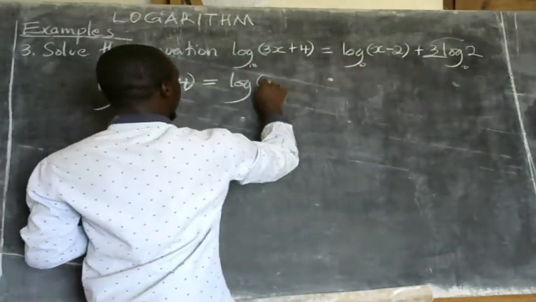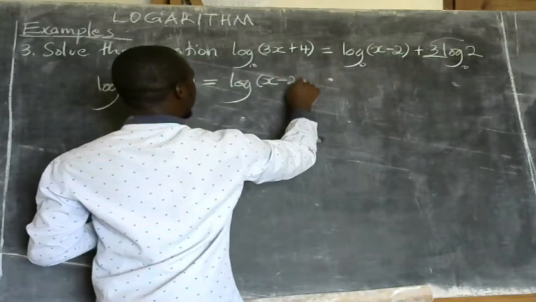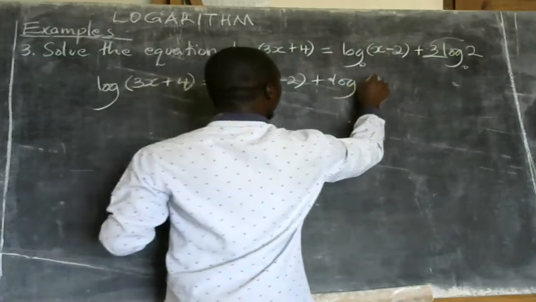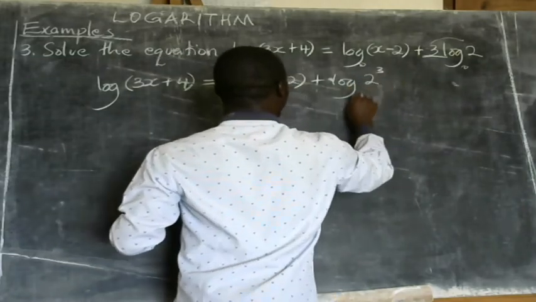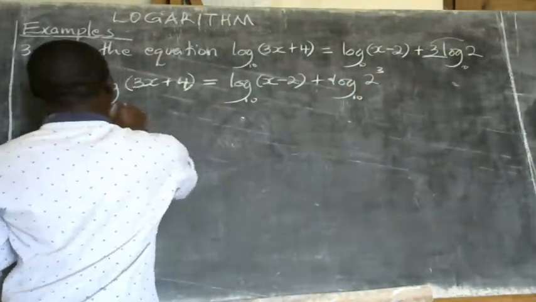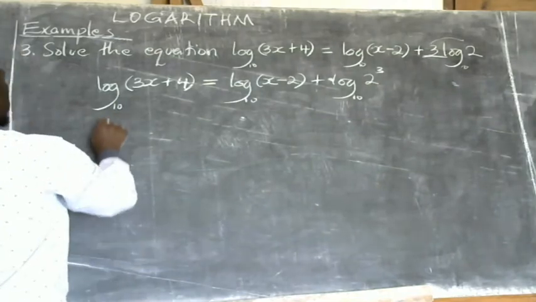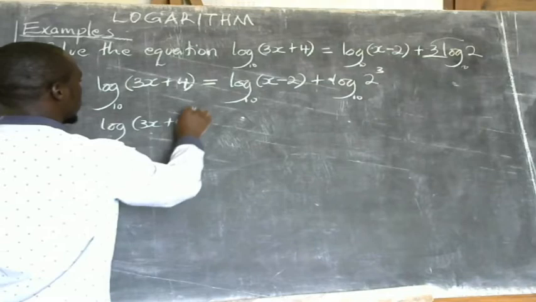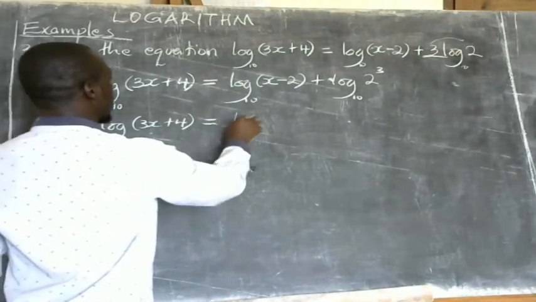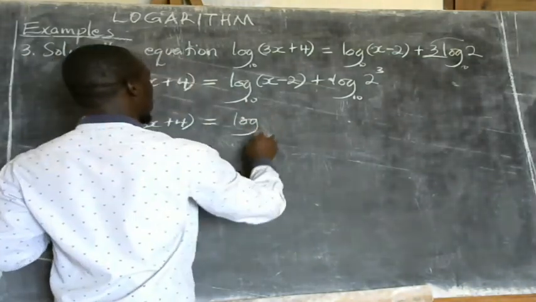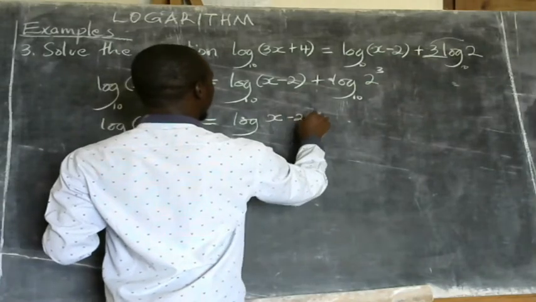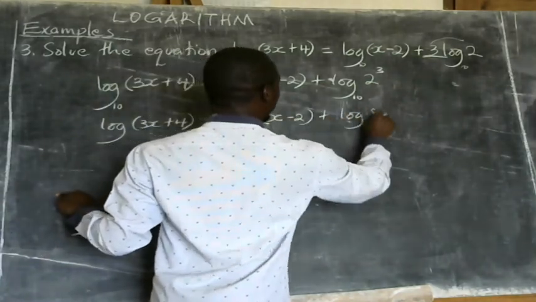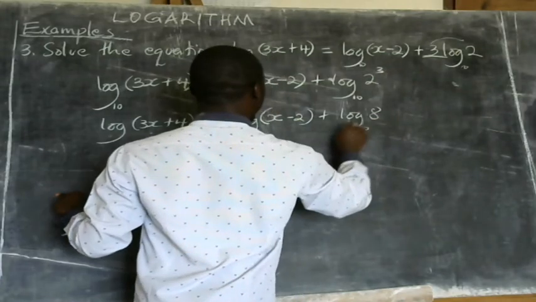So this is log x minus 2, then plus log of 2 power 3, then log of 3x plus 4 is equal to the log of x minus 2, then plus log of 8 after cubing that.